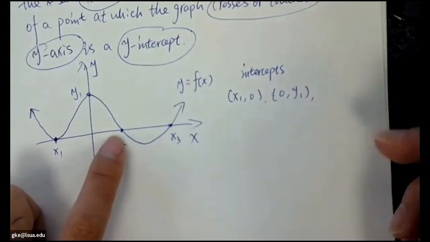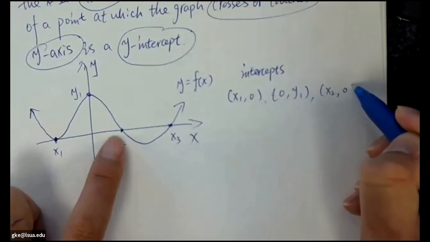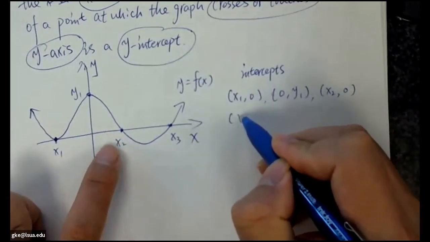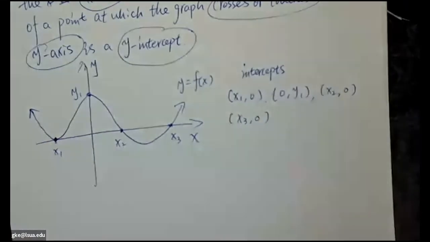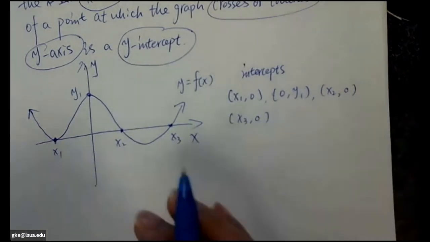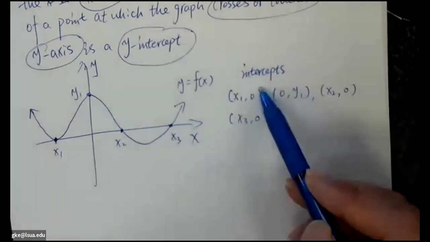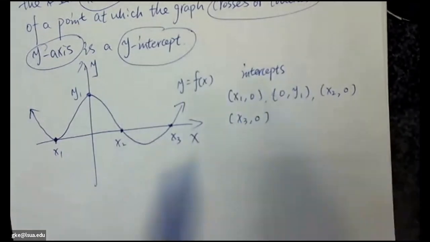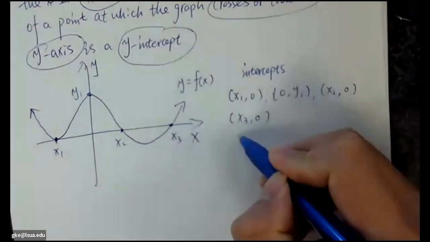How about this guy? This guy is (x2, 0) and (x3, 0). Be careful, the intercept is always about a point. A point has an x coordinate and a y coordinate, so you use parentheses, which means a point.